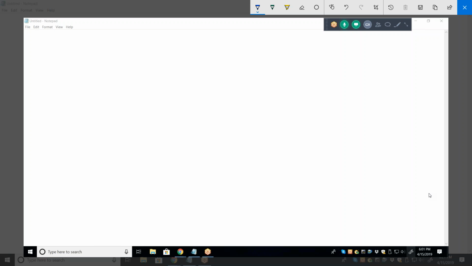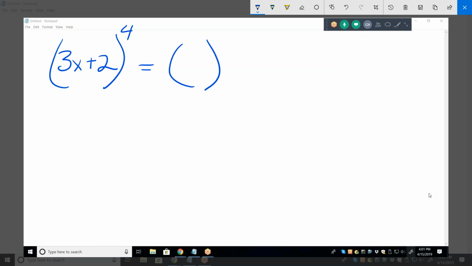Okay, cool. All right, so it's 3x plus 2 in the parentheses, and then raised to the fourth power. So we know right off the get-go, what's that first coefficient? And what that means is 4 choose 0.